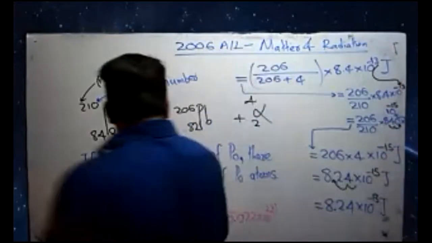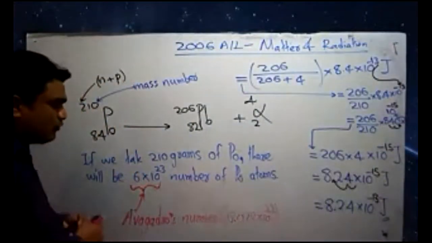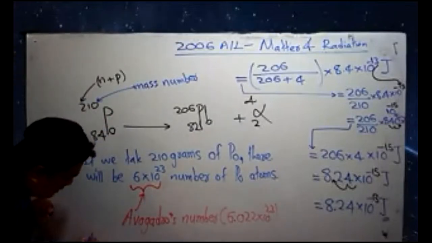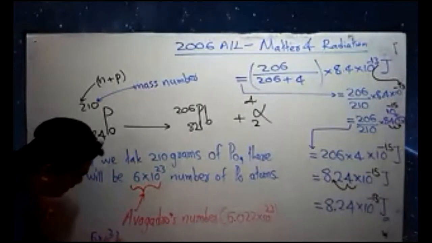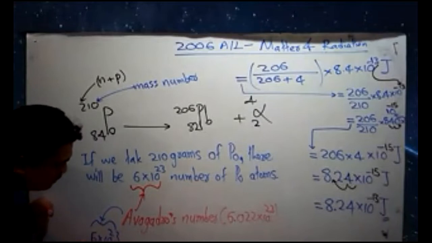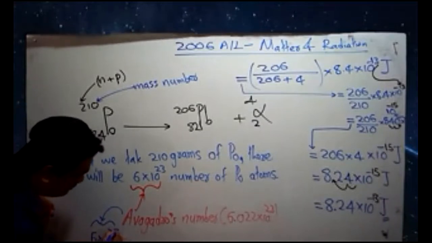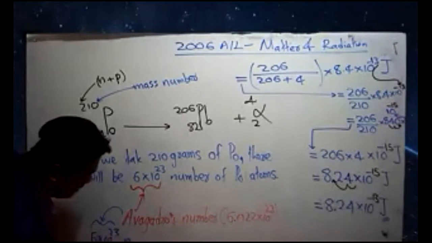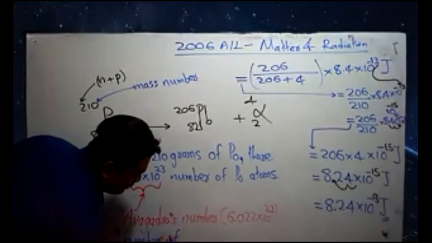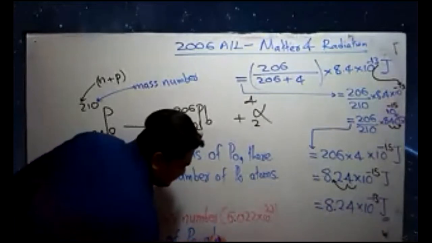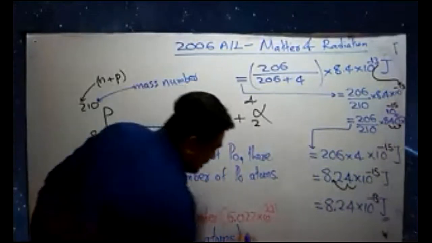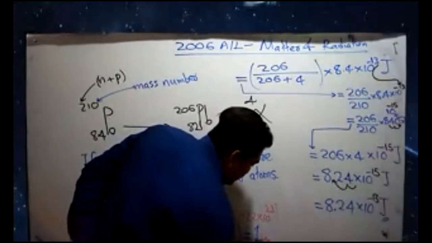Right. And if we have 6 into 10 to the power 23 number of polonium atoms, actually this is the Avogadro's number, and this much of polonium atoms is said to be 1 mole of polonium.